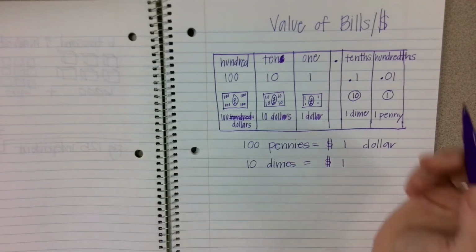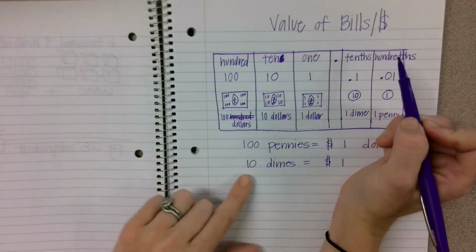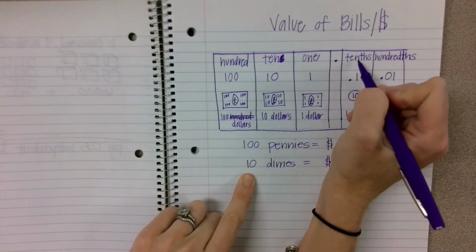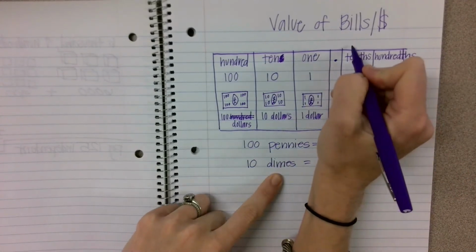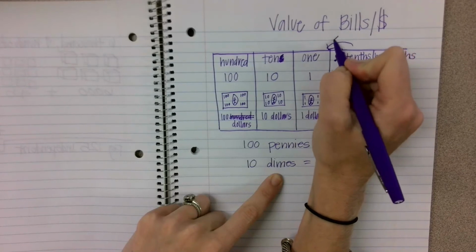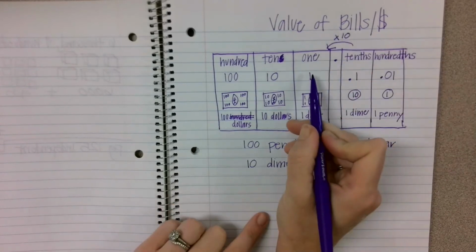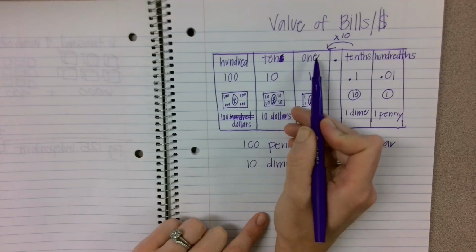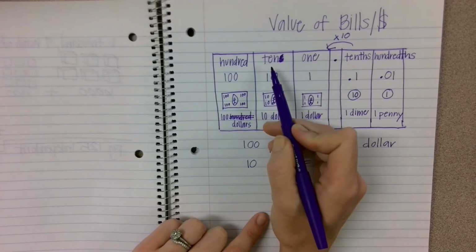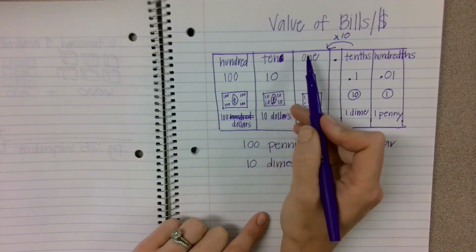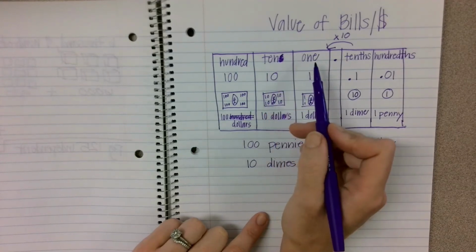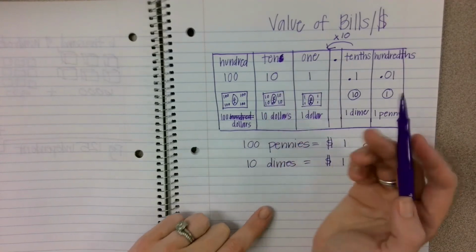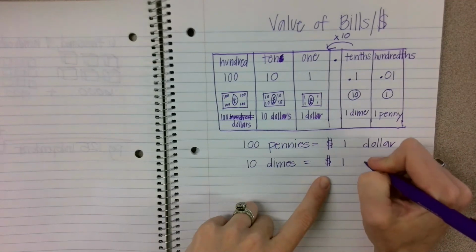So if 10 dimes equals $1, well, didn't we talk the other day how 1 is 10 times smaller than 10, or 10 is 10 times larger than 1? So 10 dimes equals $1.